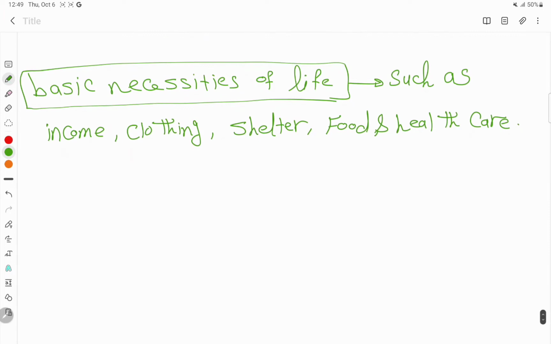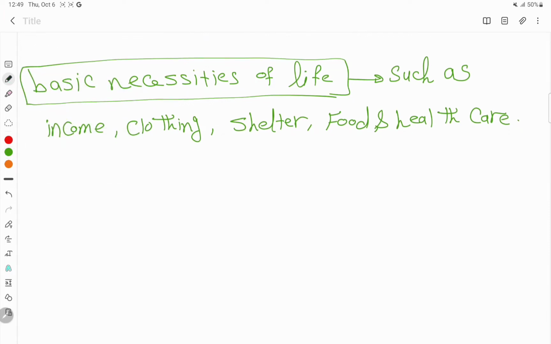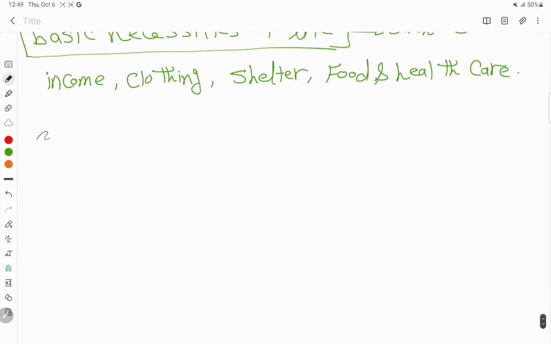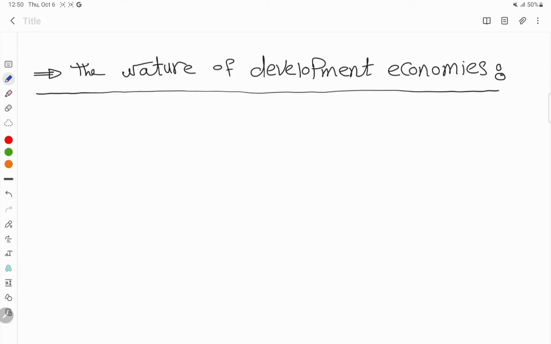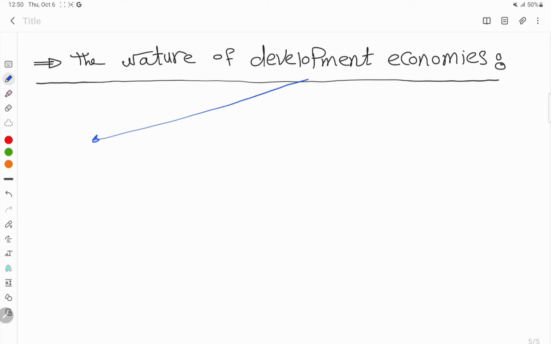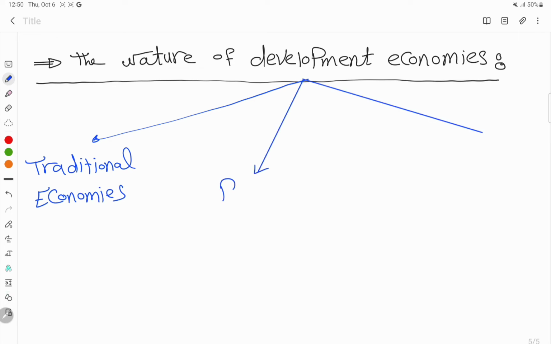Then we will talk about the nature of development economies. We will talk about 3 economies. Number 1, traditional economics. Number 2 is political economy.